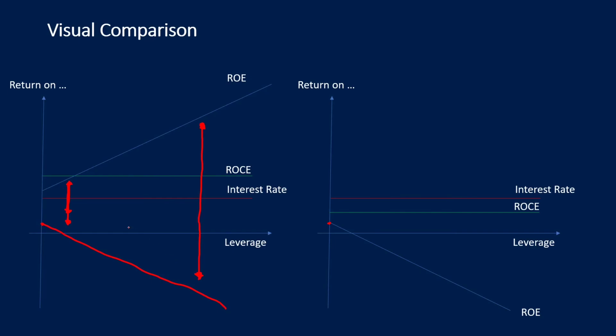So all other figures fixed, with a high leverage, we see an enormous volatility in our results, while with low leverage, we see just a low volatility in our results. So we can already see visually that with leverage, the risk is rising.